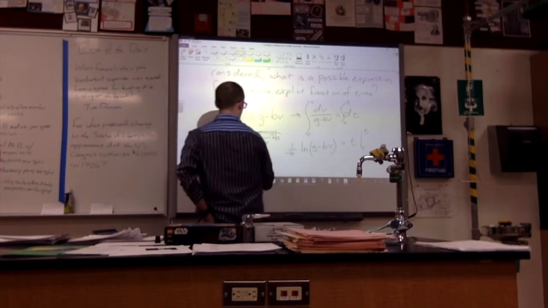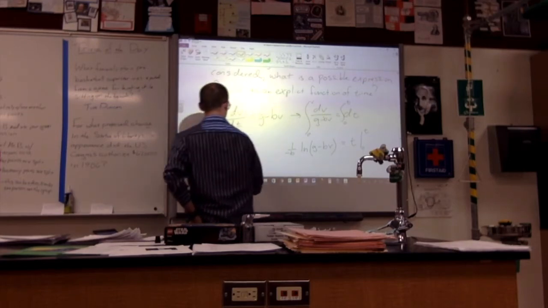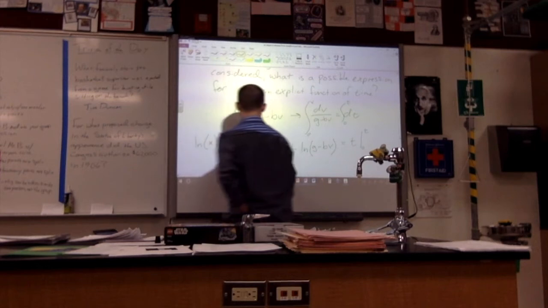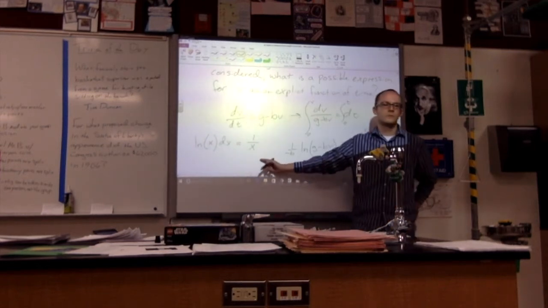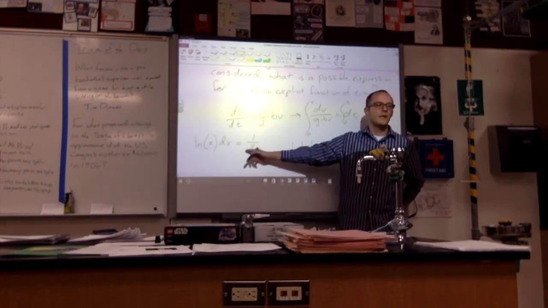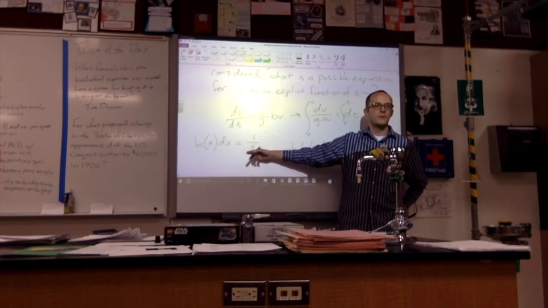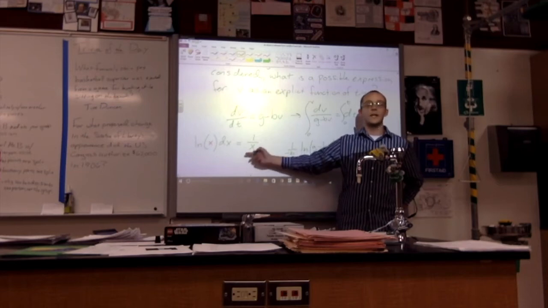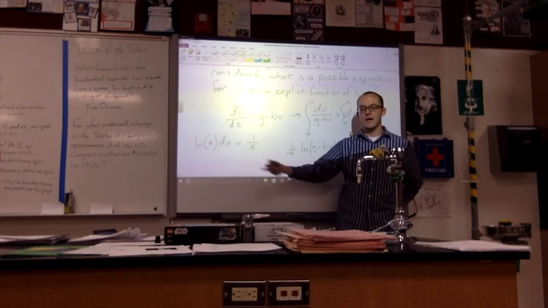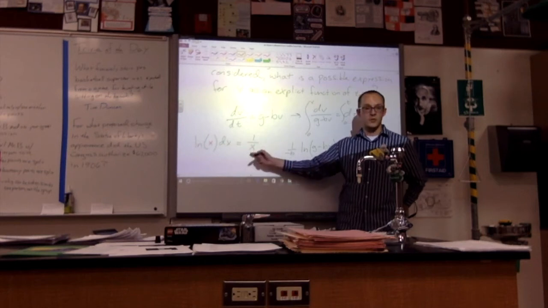The derivative of ln x as a function is 1 over x. Everyone understand this? This is a given on the calculus sheet. This is something that in calculus you may have to memorize, but on my formula sheet, it's given to you.